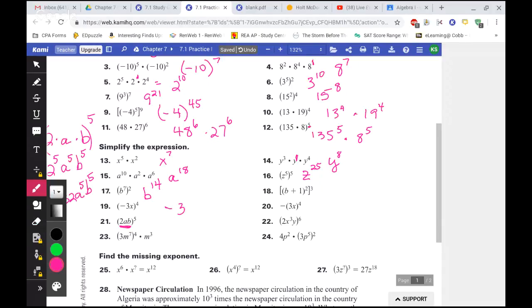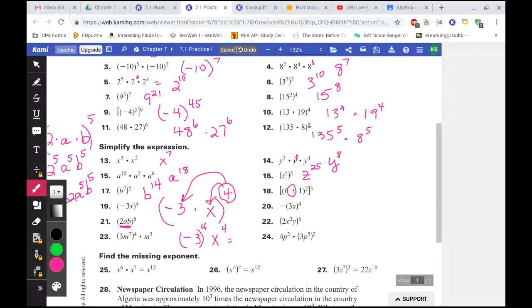So number 19, inside the parentheses, that's negative 3 times x. And once again, this is being multiplied, not added. And then that's all raised to the fourth power. So when things inside the parentheses are being multiplied, you want to apply this 4 to everything inside. So that's going to be negative 3 raised to the fourth power and x raised to the fourth power.